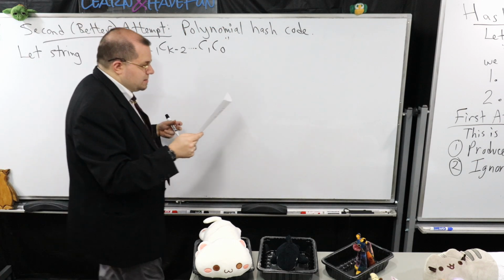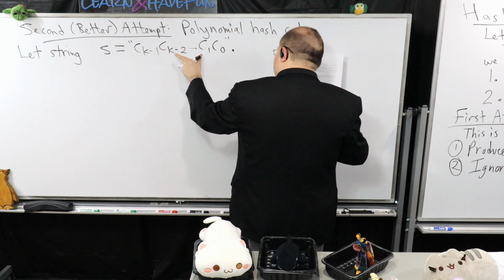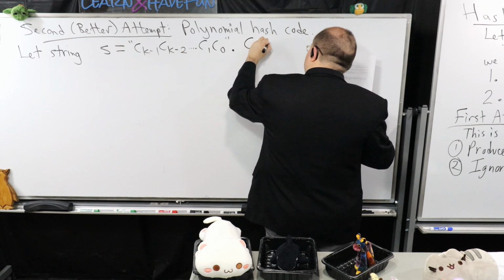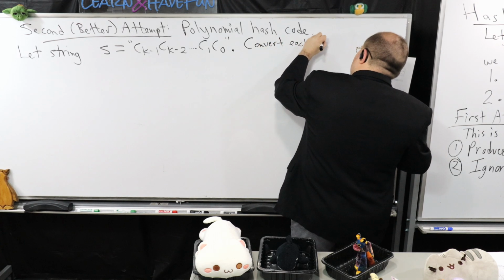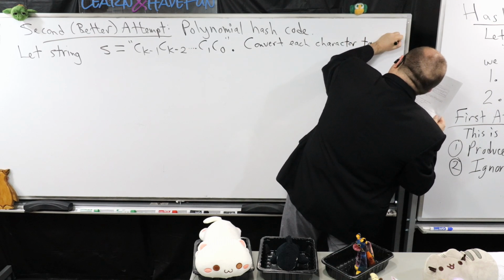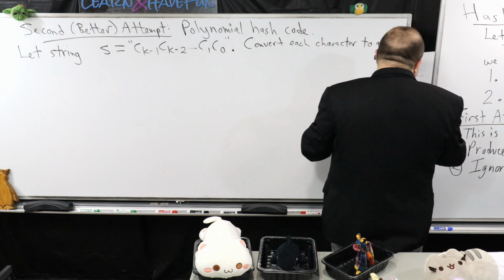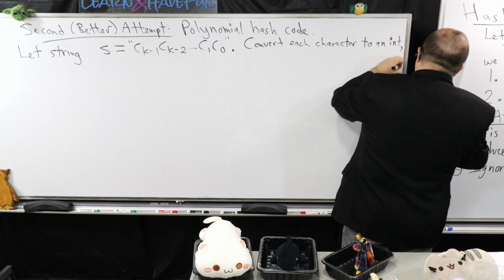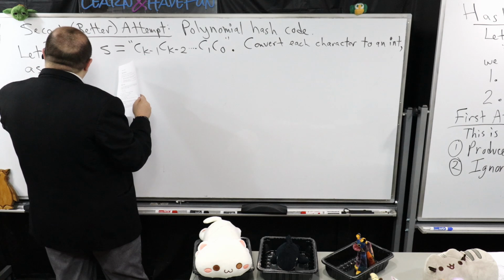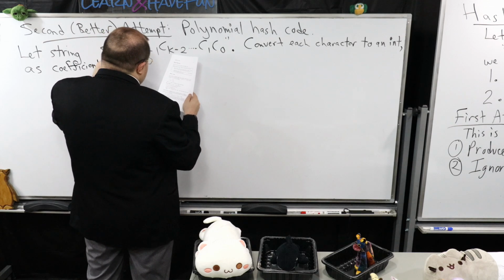So you can convert each of these characters to an int or whatever type. If you need more bits, use more bits. These are the coefficients of a polynomial.